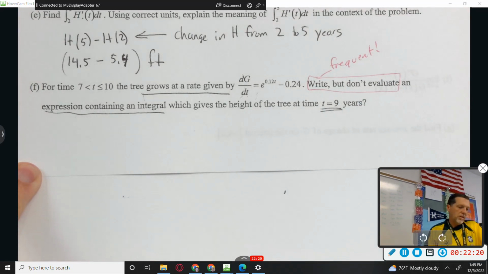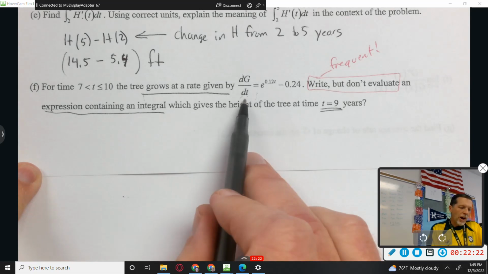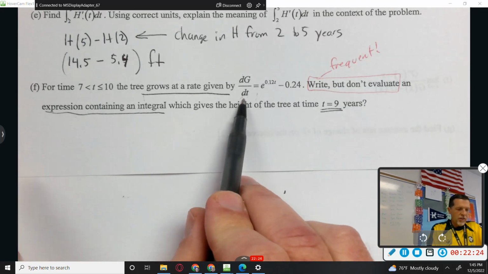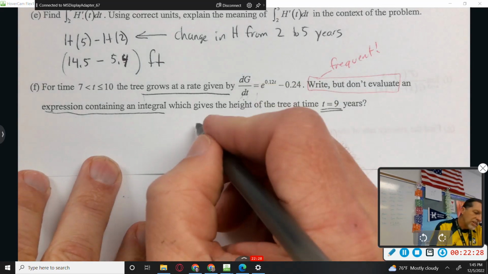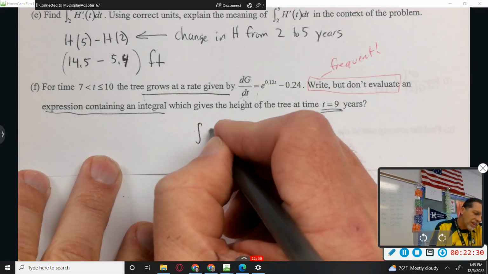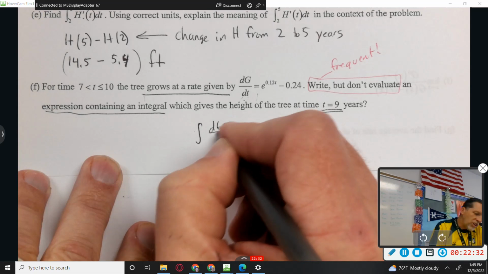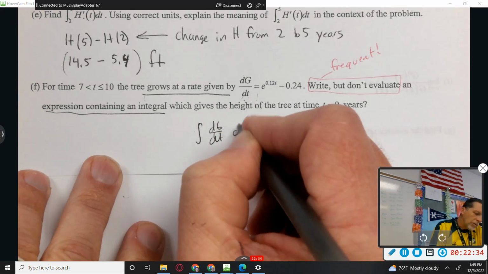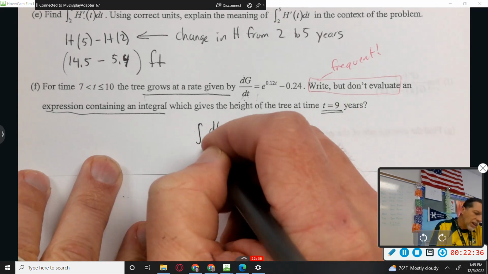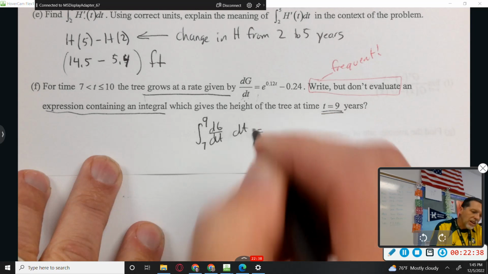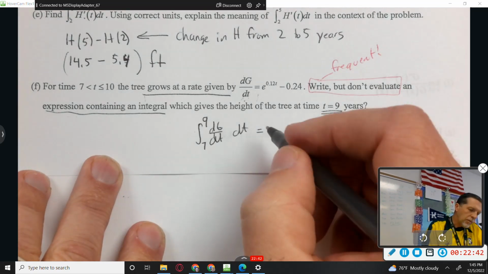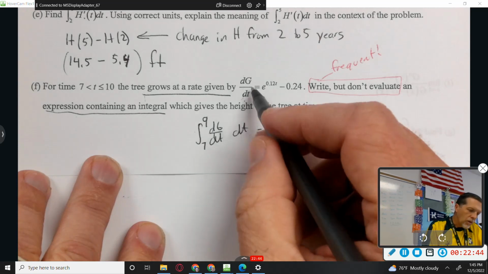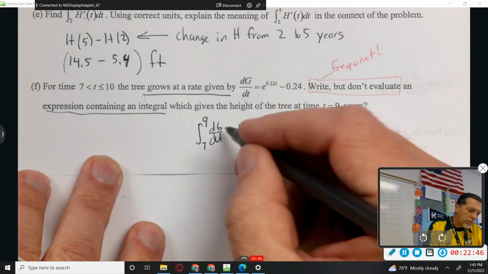Okay. So I know how it grows from 7 to 9. So let's integrate dg/dt with respect to t from 7 to 9. And that would give me, well, I don't know whether to use g or h, but I guess I should use g.